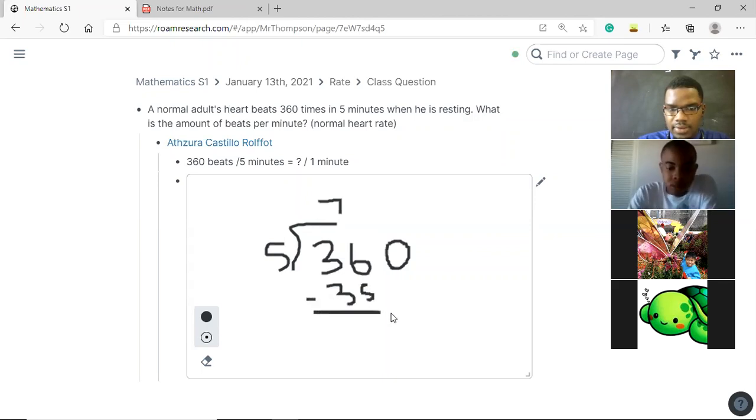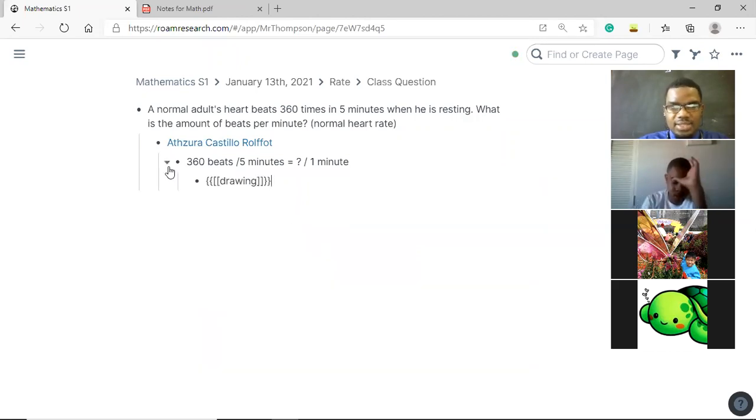And when you subtract that, it leaves 1. Then you bring down the 0, which makes it 10. And 5 goes into 10 2 times without the remainder. So it would be 72 beats a minute. Right. So the answer, therefore, is 72 per minute. Good job.